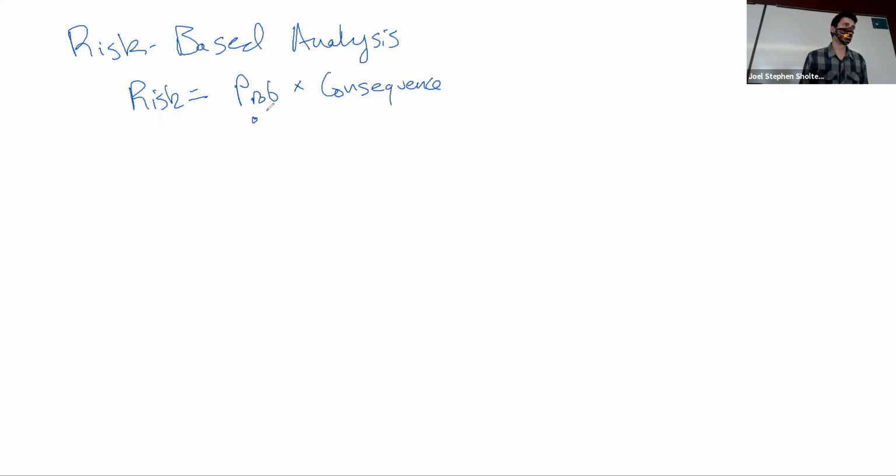So probability, usually in terms of percent or fraction, consequence, usually in terms of dollars. So what is this? How would this calculation look? Say we have this design discharge that we're going to design to.